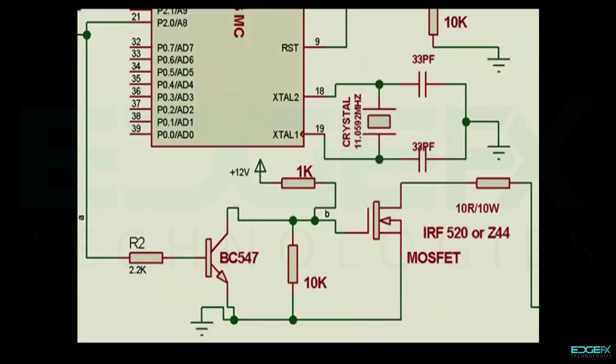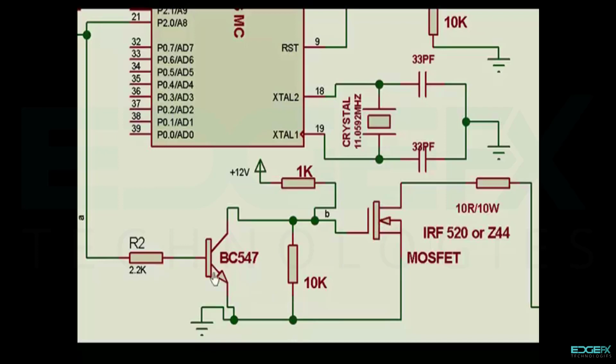The reason for this arrangement is that the voltage available from the microcontroller output may not be sufficient to drive the MOSFET. Since we get hardly 3 to 4 volt at the output port, which is switching on this transistor, at that time this MOSFET goes off, because this point goes to ground.